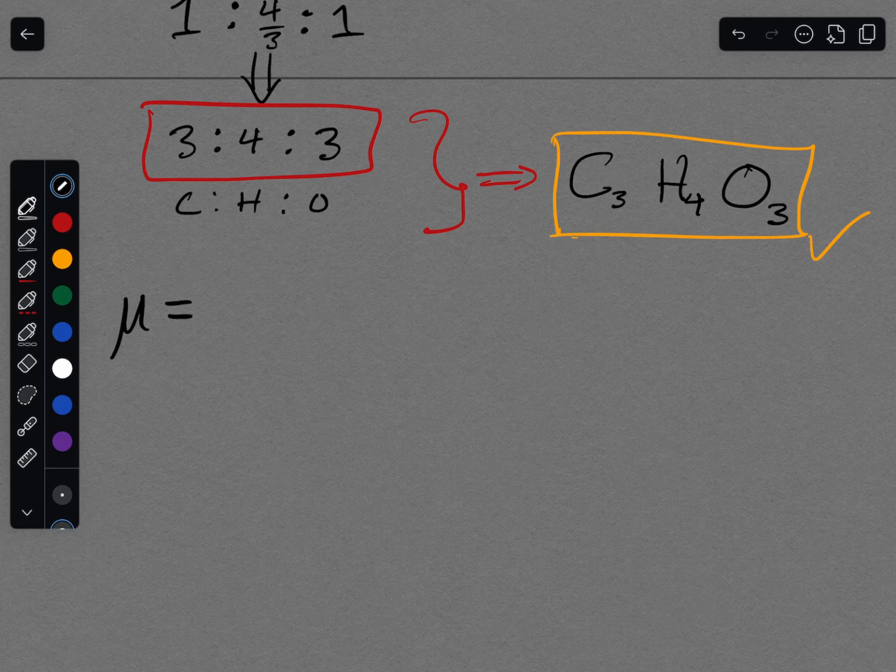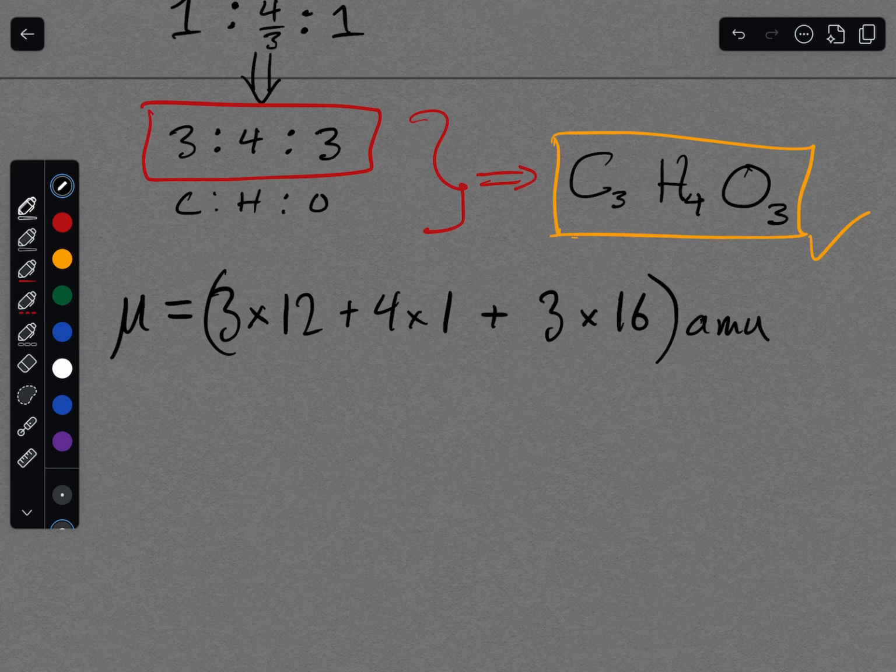So the molecular weight of whatever this thing is, our C3H4O3, that's going to be 3 times the molecular weight of carbon, which is 12, plus 4 times that of hydrogen, which is about 1, plus 3 times that of oxygen, which is about 16. I'm being a little bit quick with the rounding here, but that's okay. And again, this is going to be AMU.